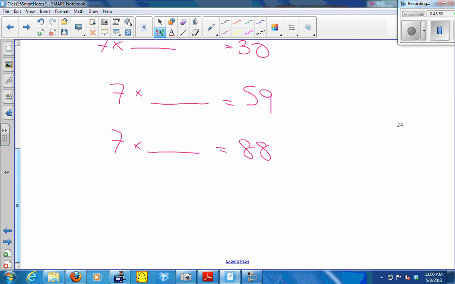175? Okay, so 7 times 25 gives 175. And 175 is equivalent to 1. So 25 is the number you decode by. You decode by multiplying by 25.